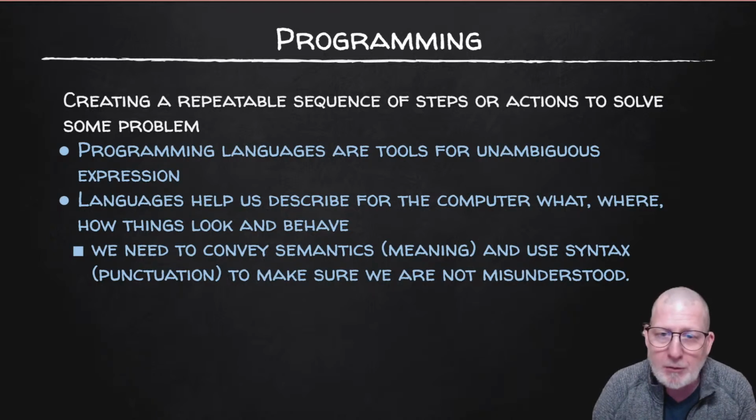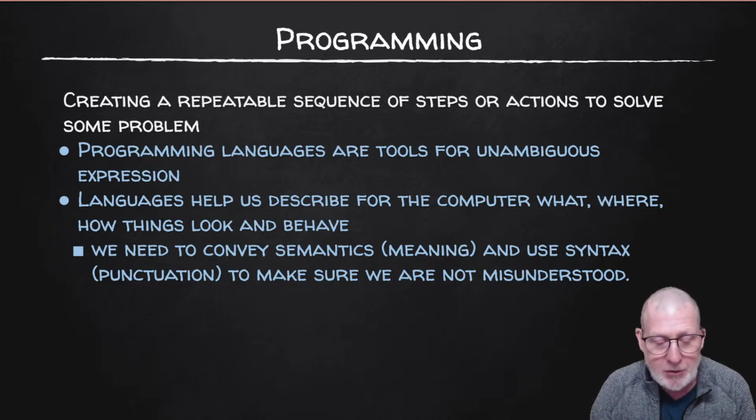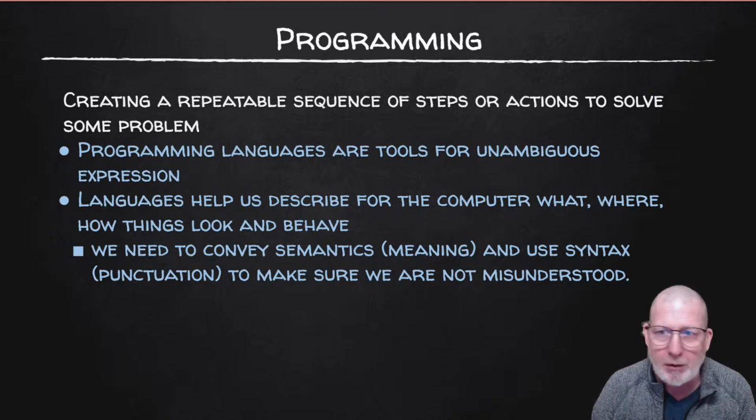So our browser, for as bright as it might be, is really not good at guessing at what we want. So we need to be very unambiguous about what we describe for the browser to draw. And part of the way we structure our HTML is to make it easier for the browser to not make mistakes. So we need to use the syntax or the punctuation of the language to tell the browser exactly what we want.